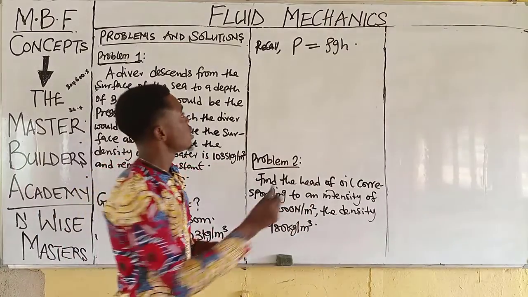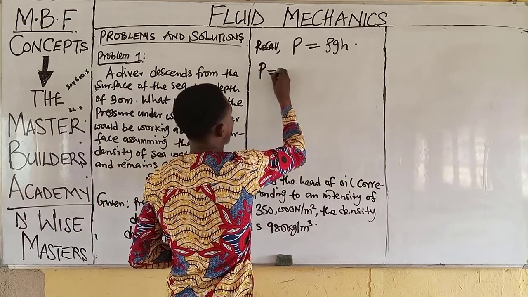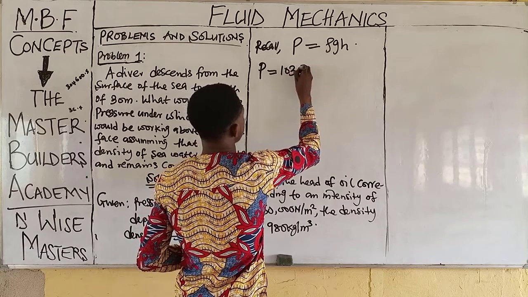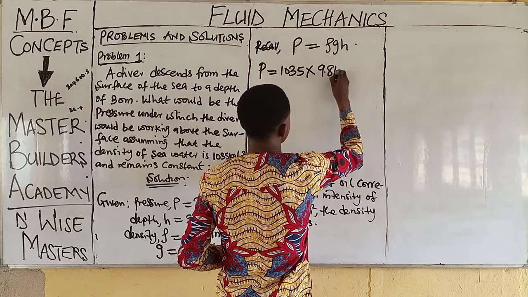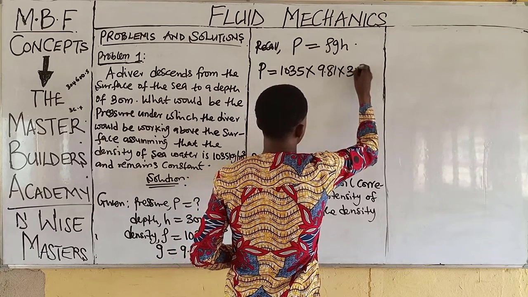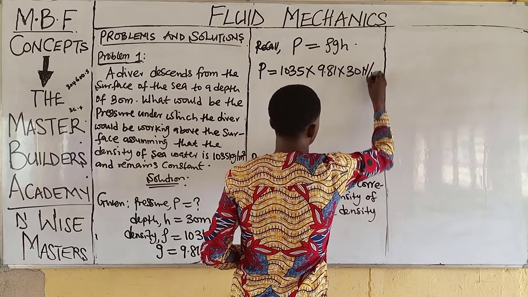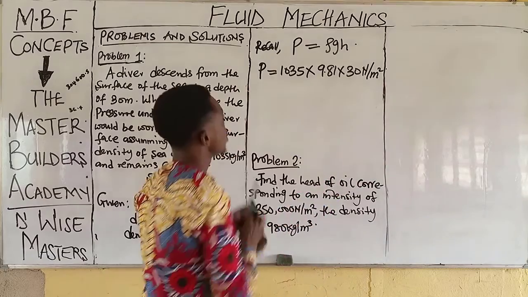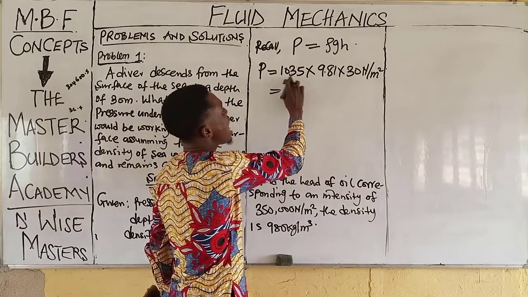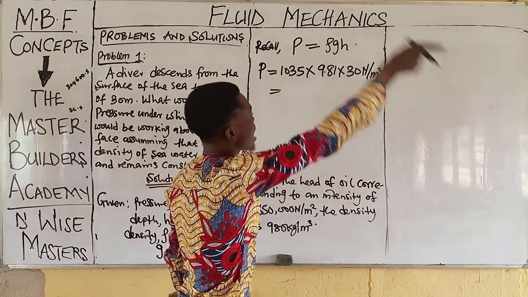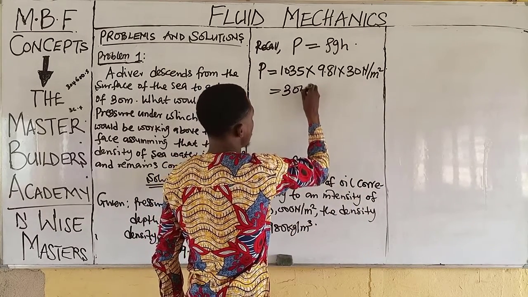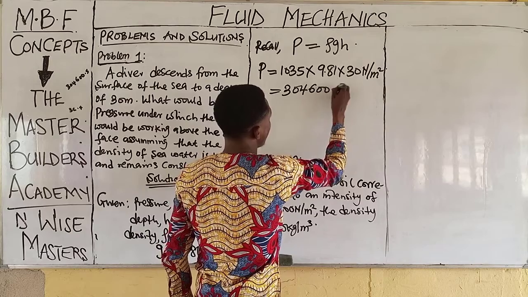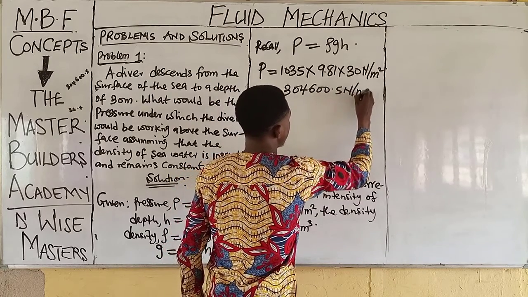That's all. Therefore, P would have given us 1035 multiplied by 9.81 multiplied by 30 meters. And the unit would have given us Newton per meter squared. Now, 1035 multiplied by 9.81 multiplied by 30 is 304,600.5 Newton per meter squared.